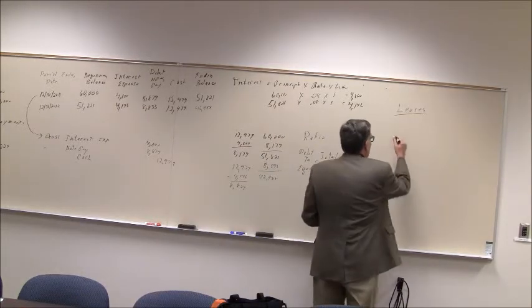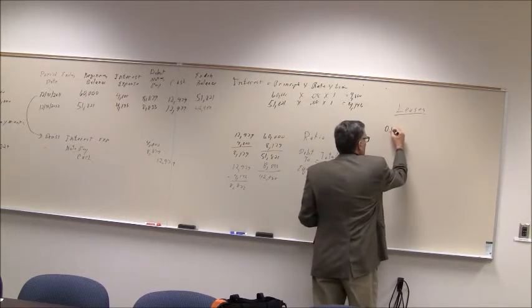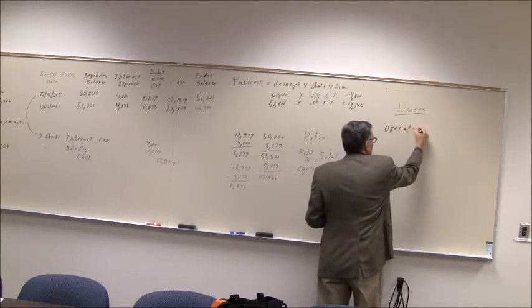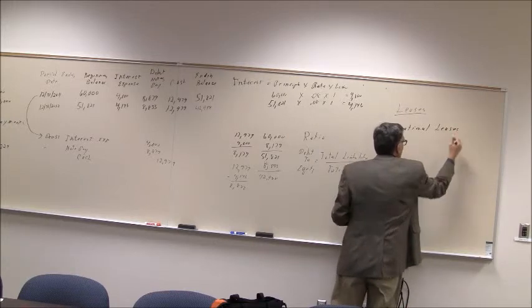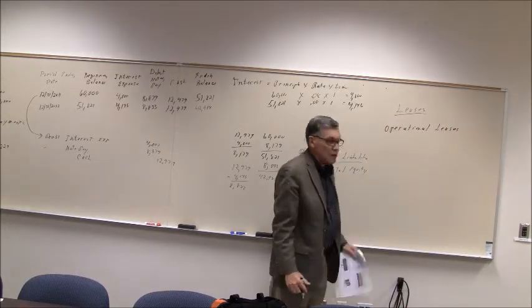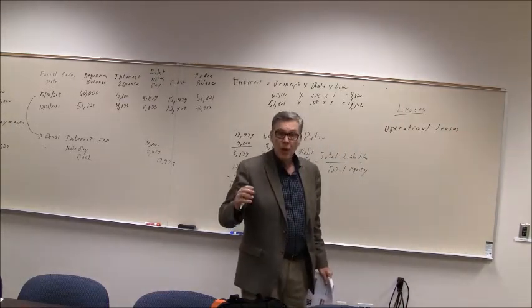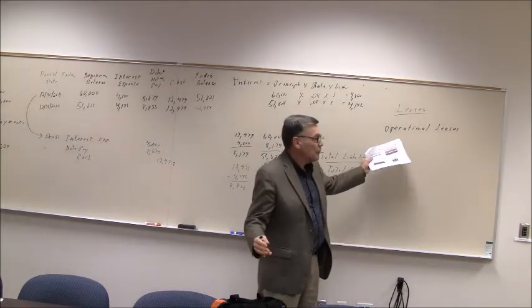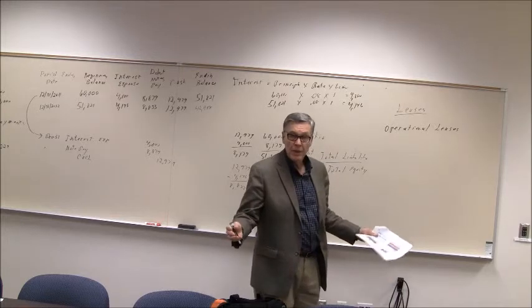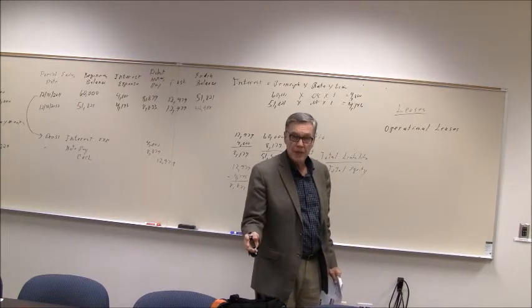Now, there's one category of leases called operational leases. And this is where you actually rent something. So, if you rent a car from Avis on a business trip, that's an operational lease, it's a rental agreement, and it shows up as an expense on the income statement.